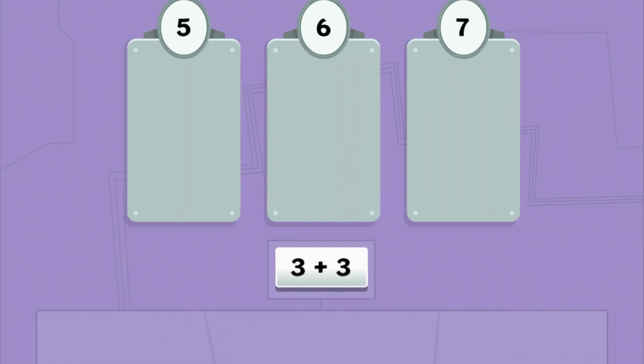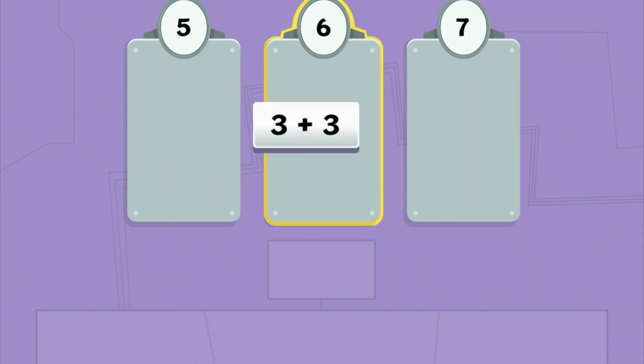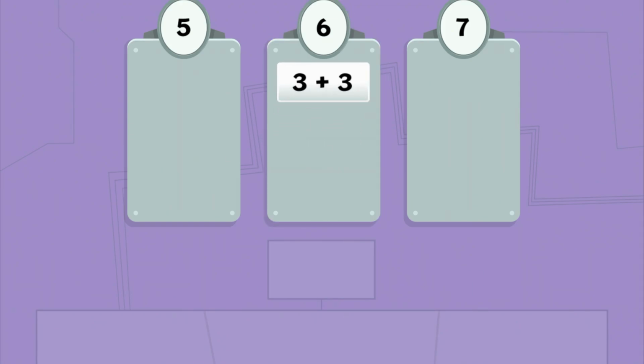What is 3 plus 3? Move the tile to the correct box. 3 plus 3 equals 6. What is 3 plus 2?